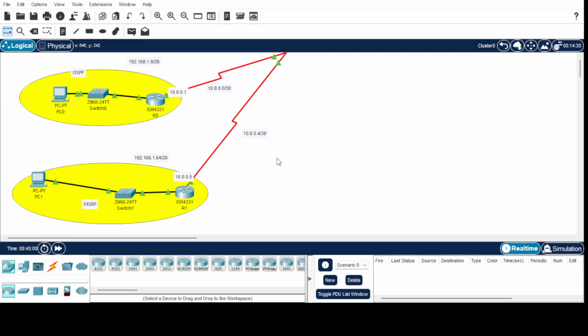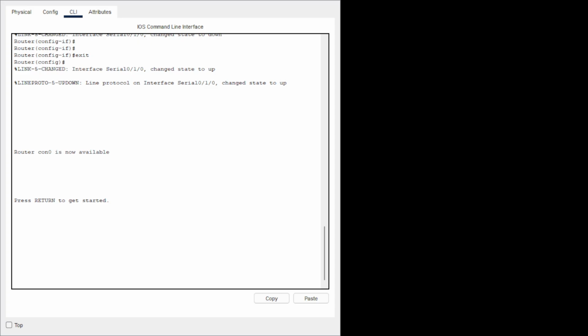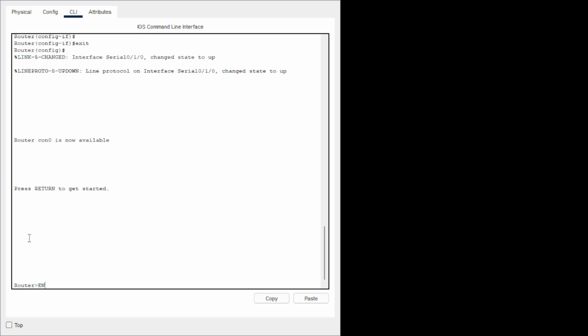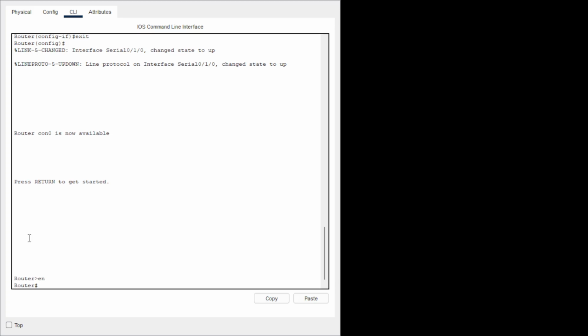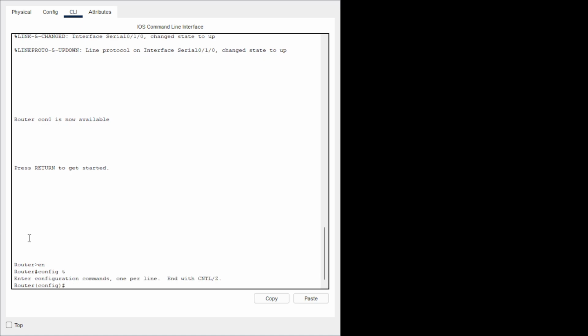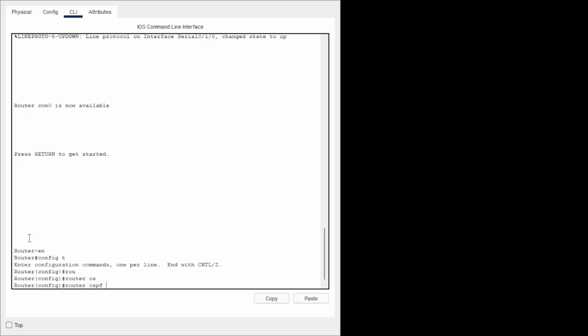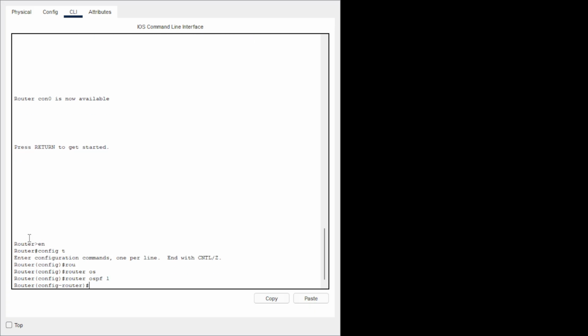In cluster number 0, we first have to configure router 0. So I am bringing router 0's main screen. Enable, config t, and the first routing protocol is OSPF, with process ID 1, and it has two networks.